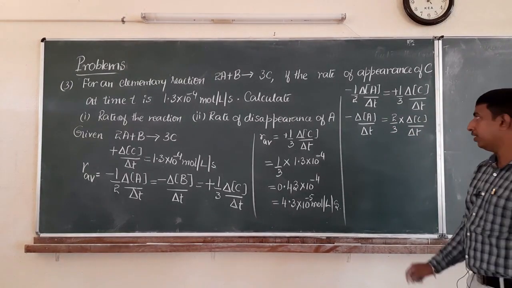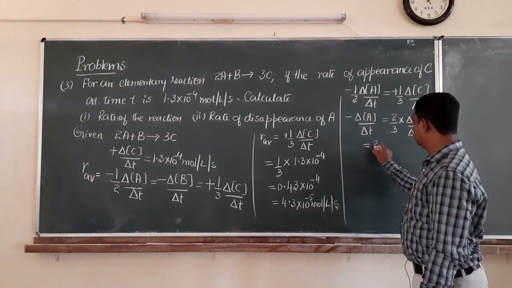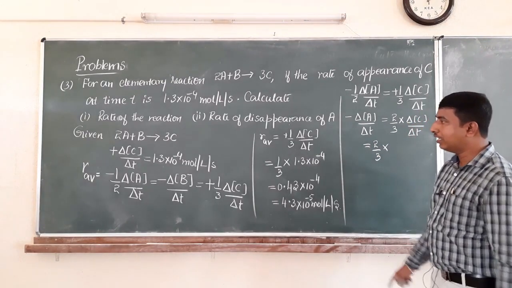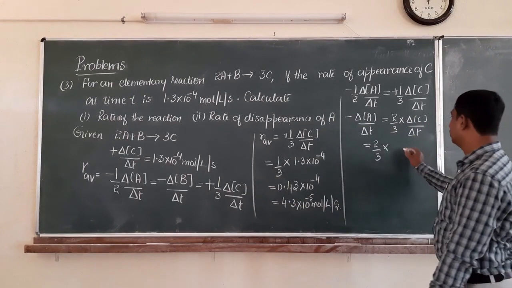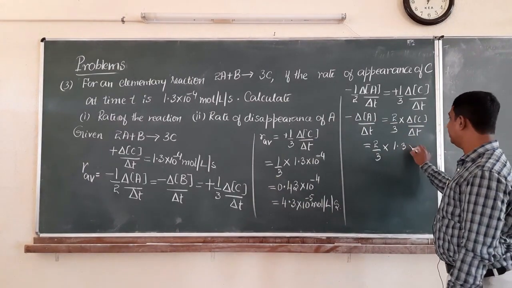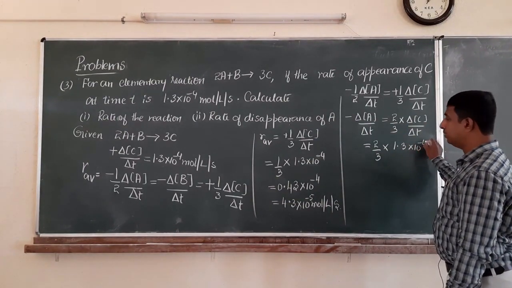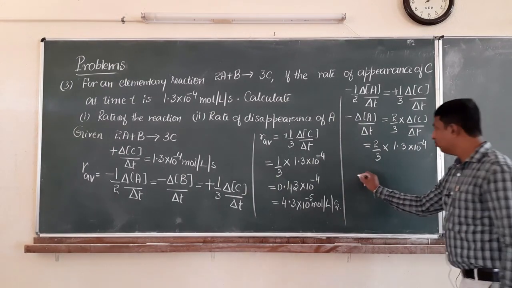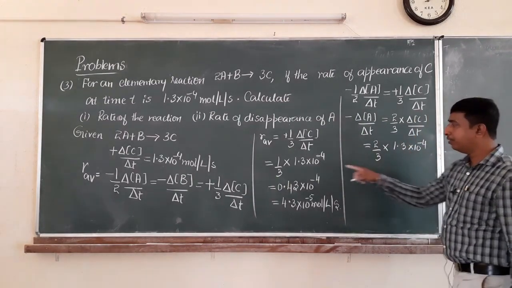Rate of appearance of C, or it is equal to 2 by 3 into the value of delta C by delta T. We know that is 1.3 into 10 to the power minus 4. So it is 1.3 divided by 3.